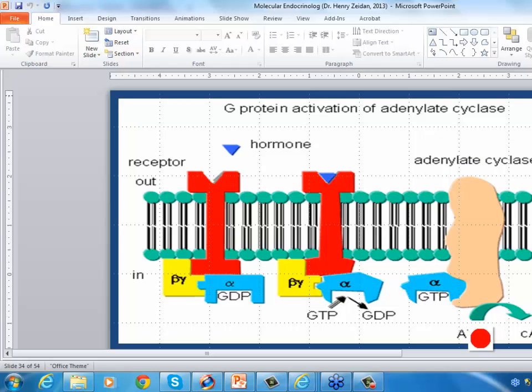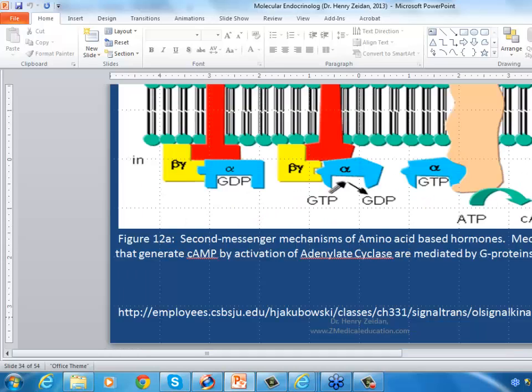This enzyme cleaves cyclic AMP from ATP. Then you're dealing with phosphorylation reactions that can take place at this level, or dephosphorylation reactions. That's what you need to keep in mind in this slide.